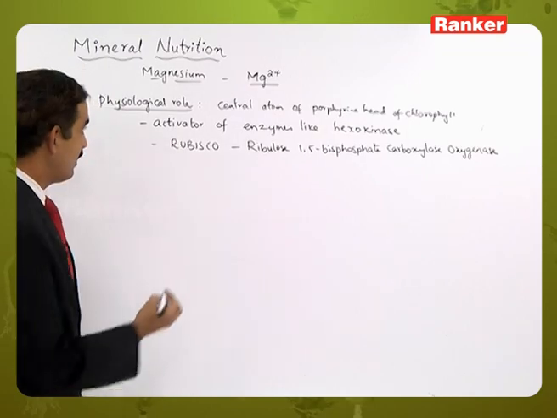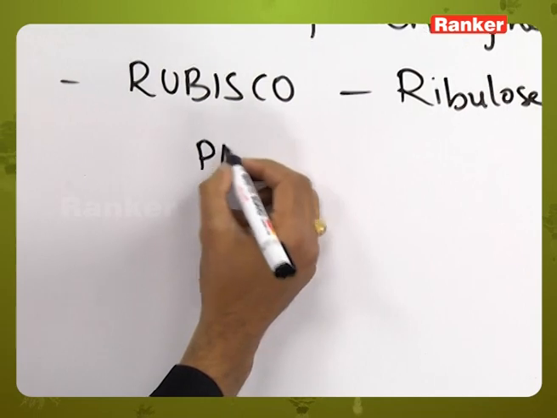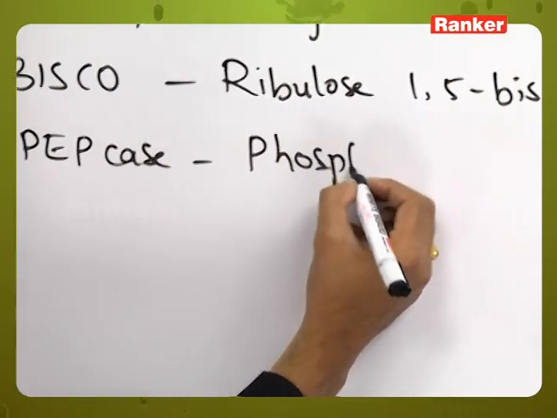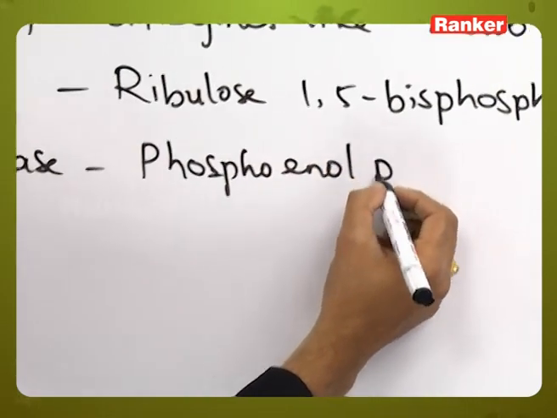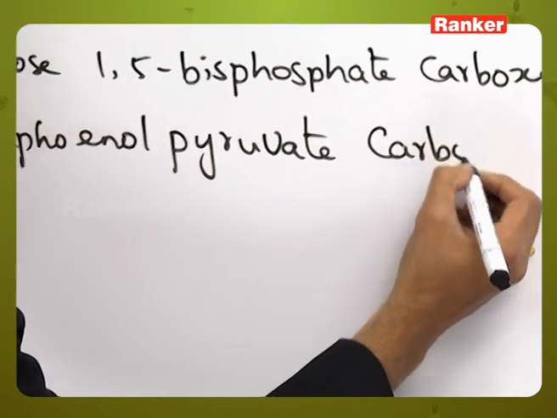Magnesium also acts as an activator for the PEPcase enzyme, that is phosphoenol pyruvate carboxylase enzyme.